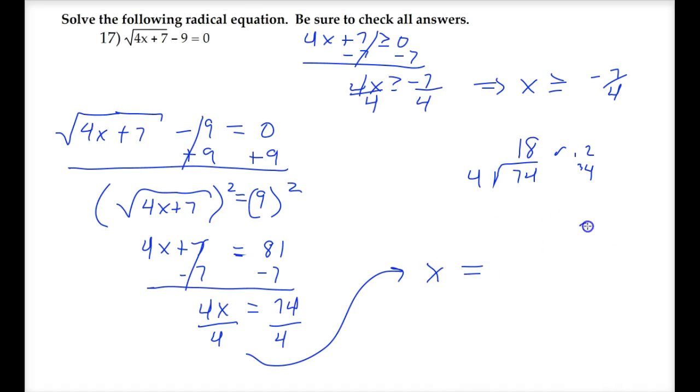We know that 2 goes into 74 37 times, and 2 will go into 4 2 times. So that would give us 37 divided by 2, which is the same as 18 and 1/2. So you can either do it like that, or you could say this is 18.5.